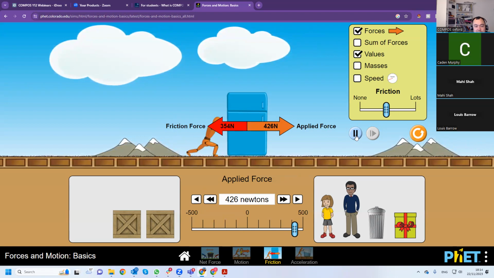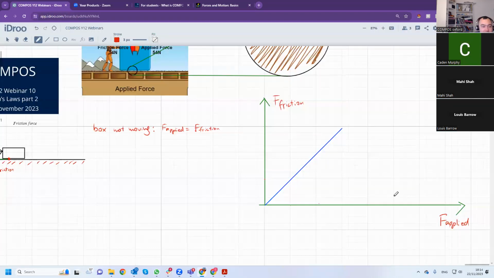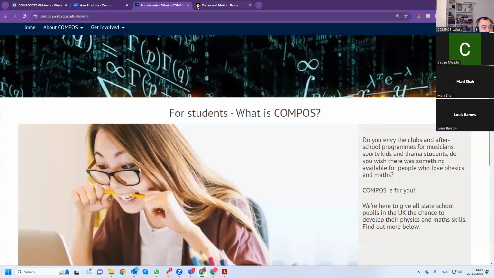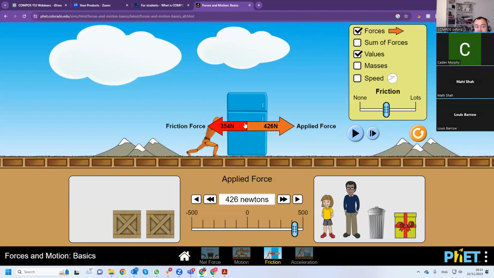So what happens at 475? Let's assume it's 475. I can't catch the moment when it starts moving. Let's say the maximum force is 475. At 475, the box starts moving, and immediately the friction force drops to 354.